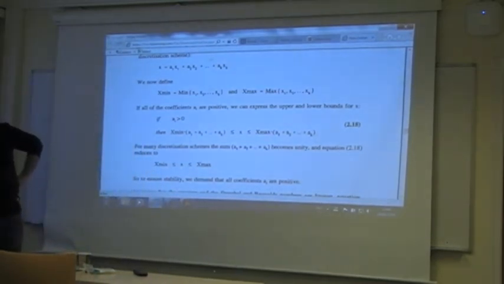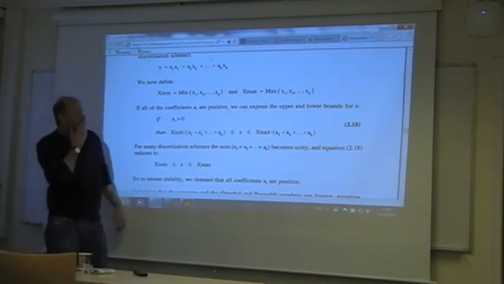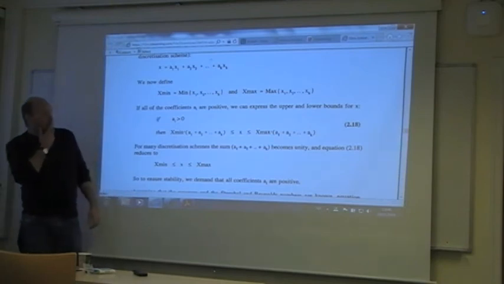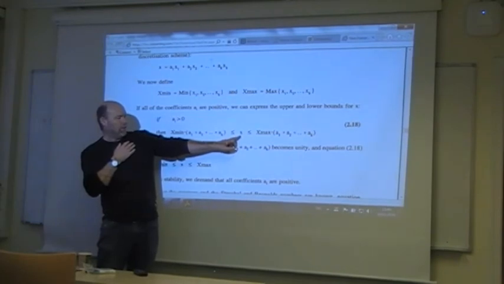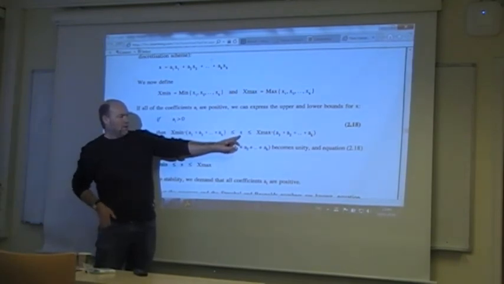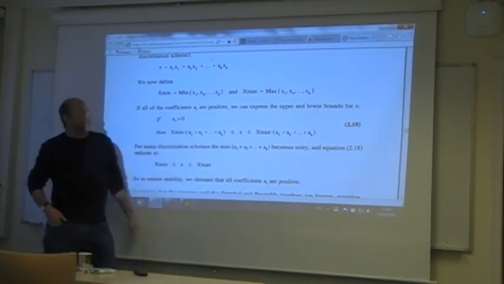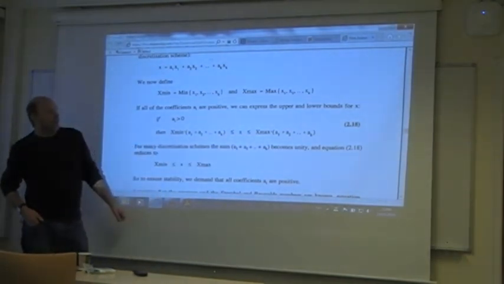But as long as all the coefficients are positive, and the sum of them is less than 1, then you could always say that it will be below x max, but it may go towards 0. Let's see, it should then still be bounded here, yes. Maybe x min will be negative, then you will have a problem, of course.